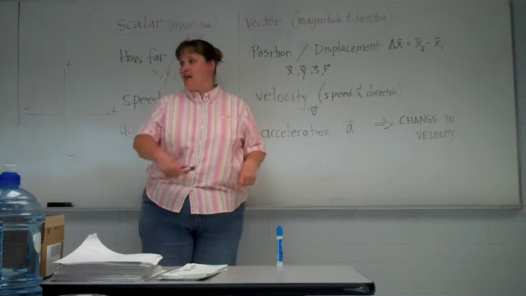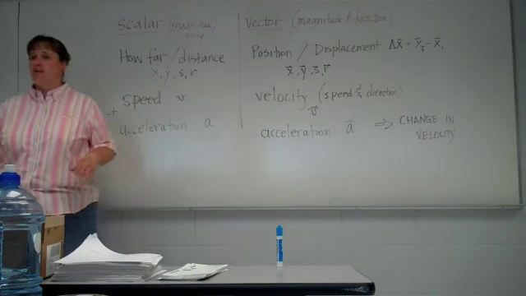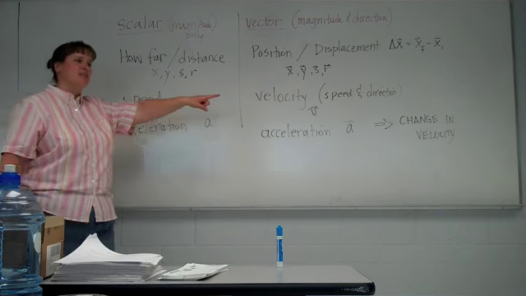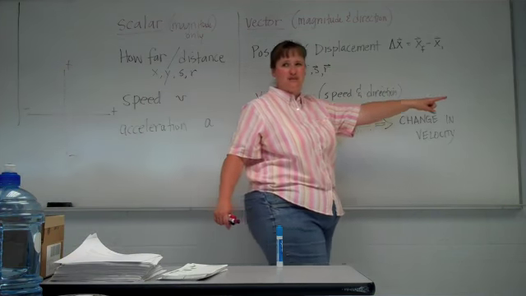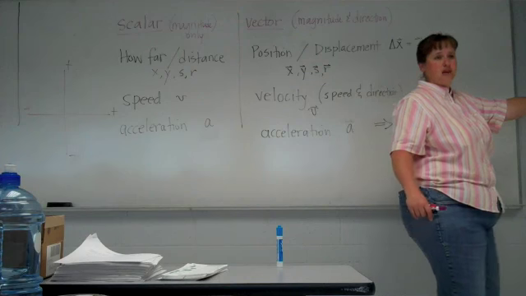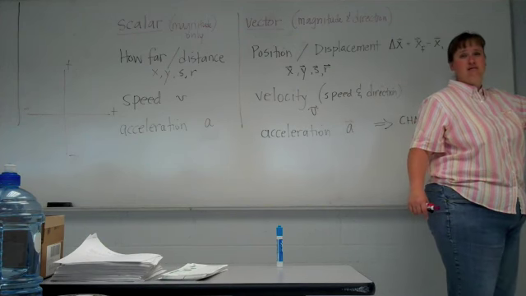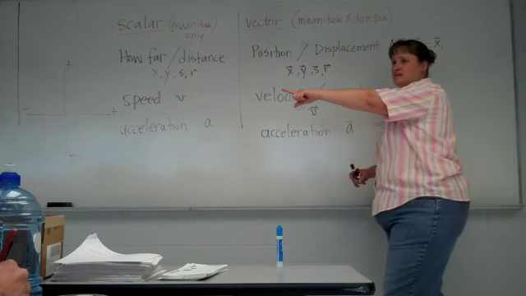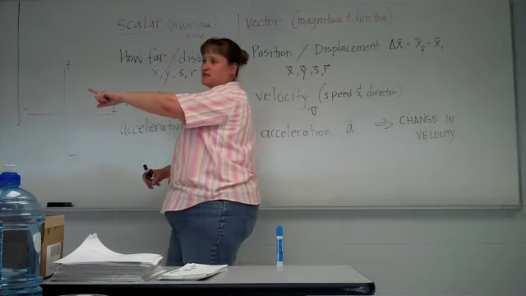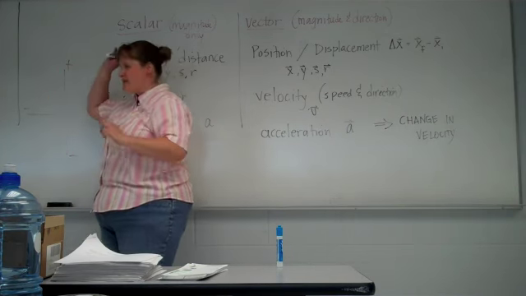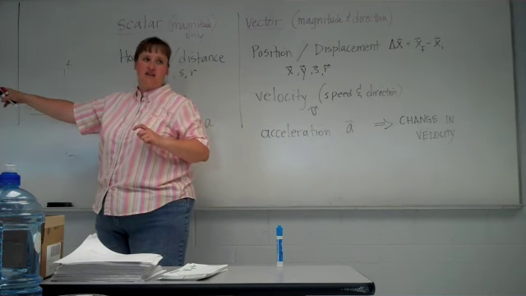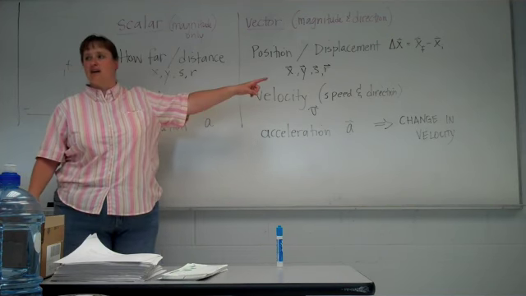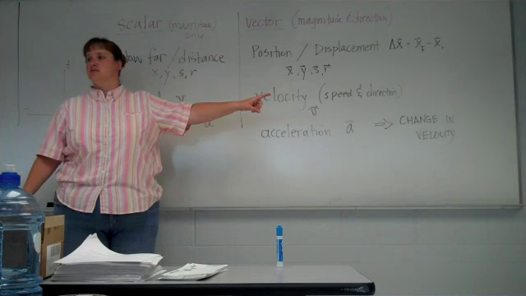It doesn't matter where I am. Even if I'm on the negative side, but walking in the positive direction, my velocity is positive. You okay with that? If I'm walking in the negative direction, my velocity is negative, regardless of where I am. If I'm headed that way, then my velocity is negative. If I'm headed that way, my velocity is positive. Okay?